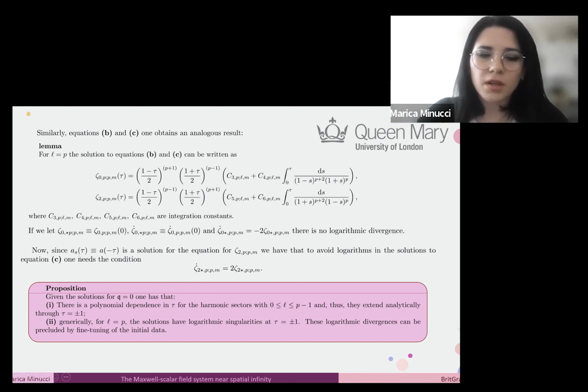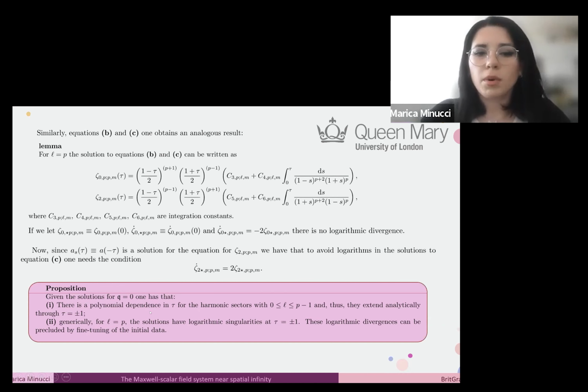Since the solution to equation B is also a solution to equation C by sending tau to minus tau, so they're related by time symmetry, we have a similar condition for the last equation to avoid the logarithmic behavior. So we can summarize the behavior of the solution of the decoupled system with the following proposition.